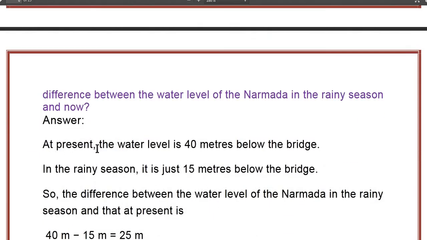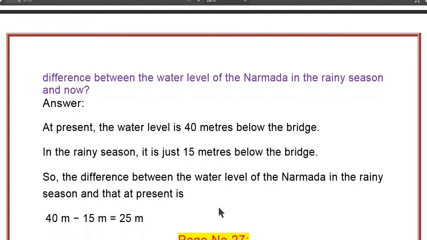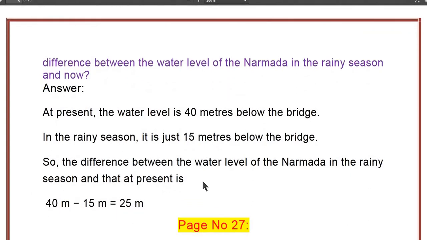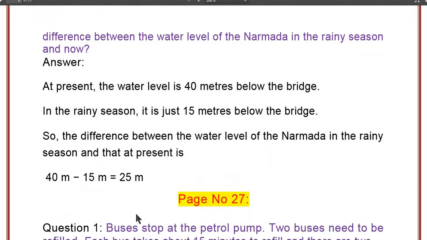Answer. At present, the water level is 40 meters below the bridge. In the rainy season, it is just 15 meters below the bridge. So the difference is 40 meter minus 15 meter is equal to 25 meter.